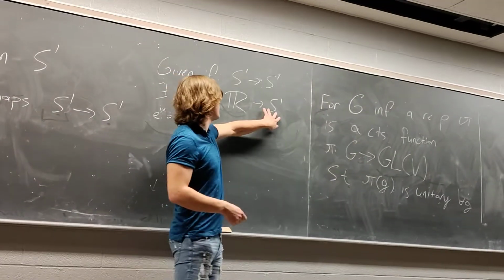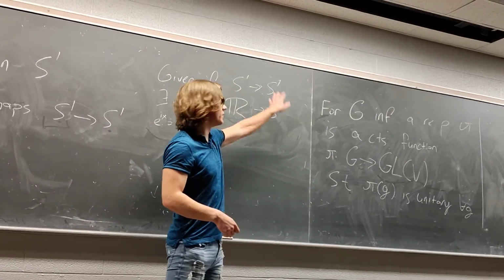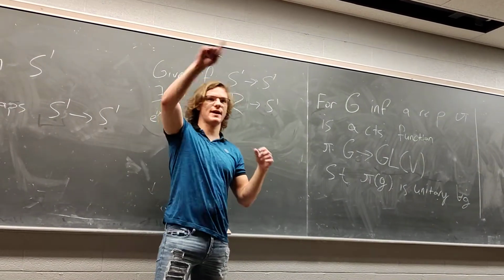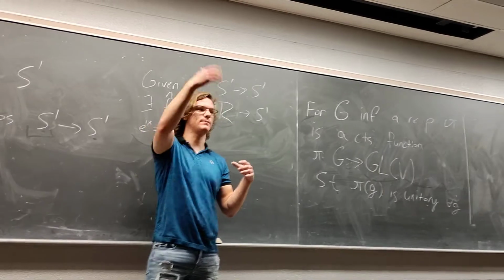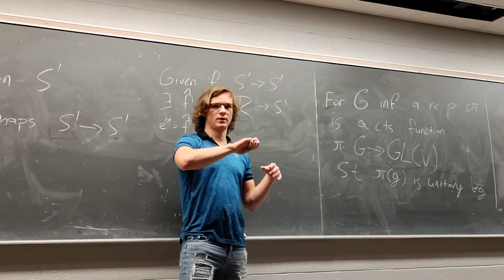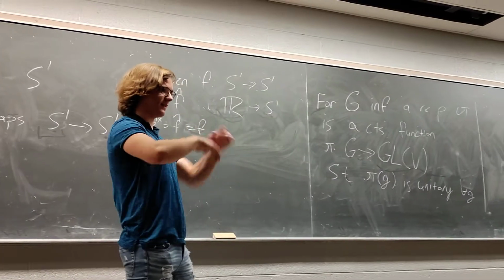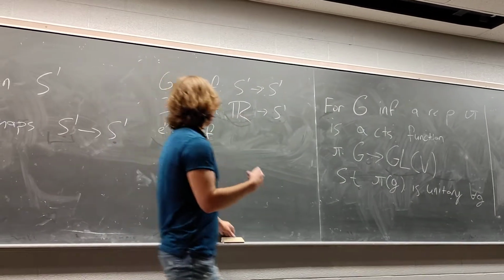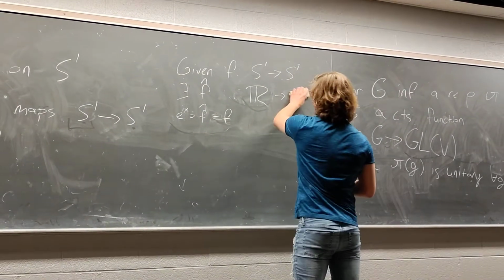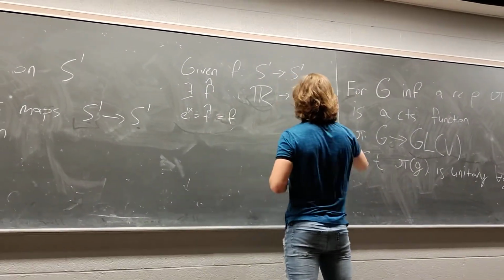Instead of working with S1 here, we can unwrap that to the interval 0 to 2 pi, because we can take every point on the unit circle and associate it with its angle. Because every point has a unique angle, what we're really looking for are the homomorphisms just from R to R.